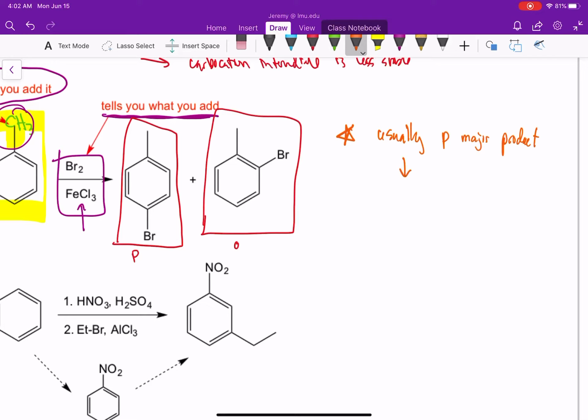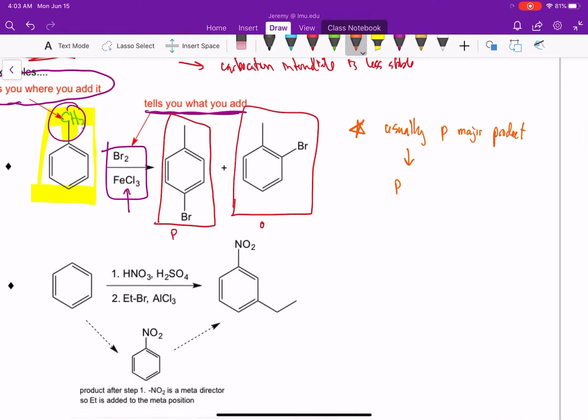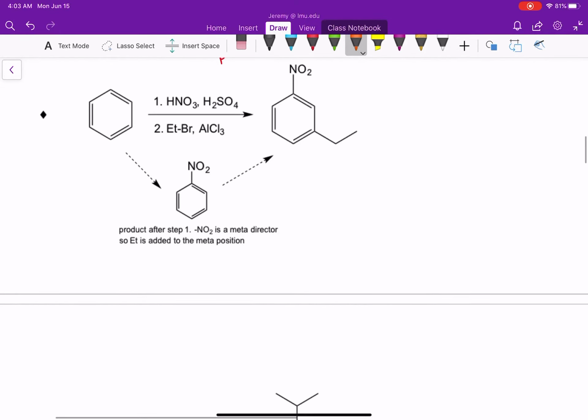So to keep things simple in my class, if I ask you to draw the product, you can just draw the para product if it's ortho and para, okay? So again, you will form a good amount of the para and the ortho. Those two together will be the major product, but generally I'll ask you to just draw the para product in my instructions.